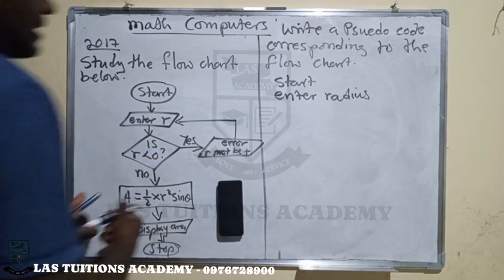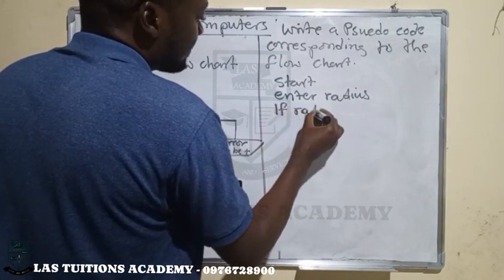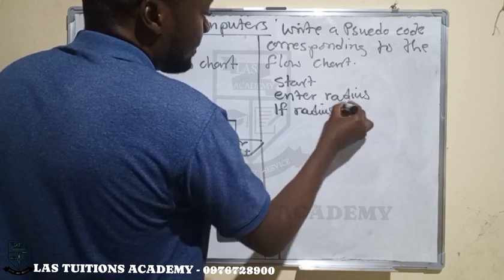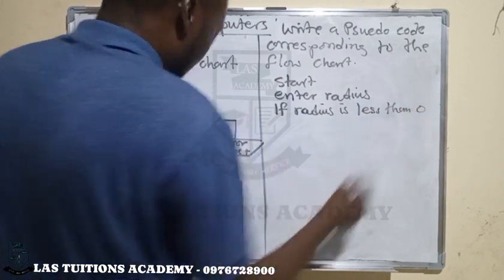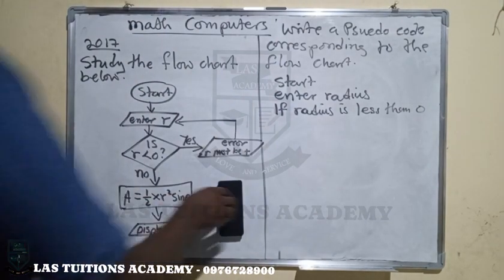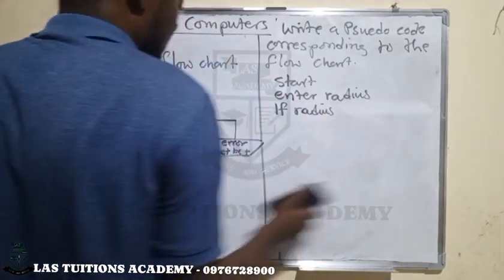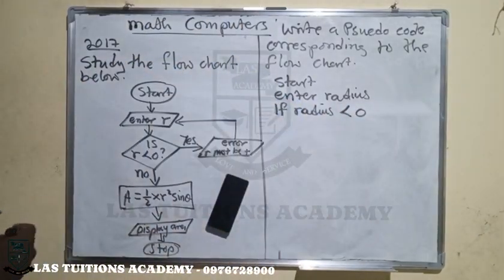Okay, that's a condition there. Or we can just use a symbol for instance. So we say if radius is less than 0, then you display the error message.